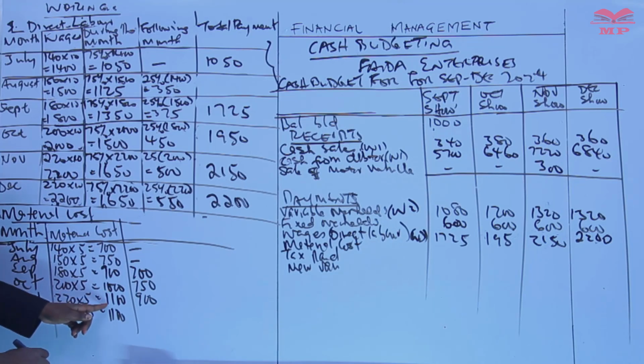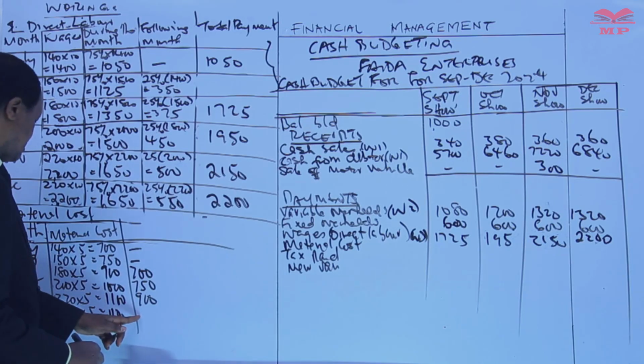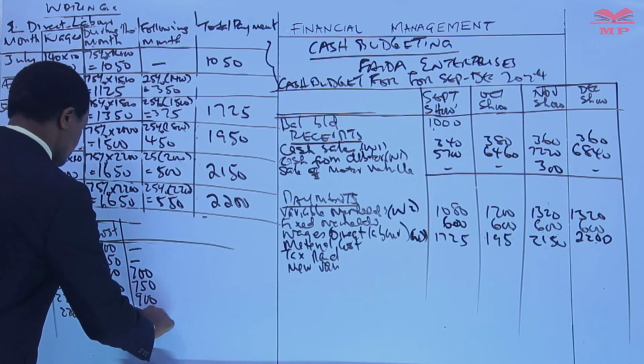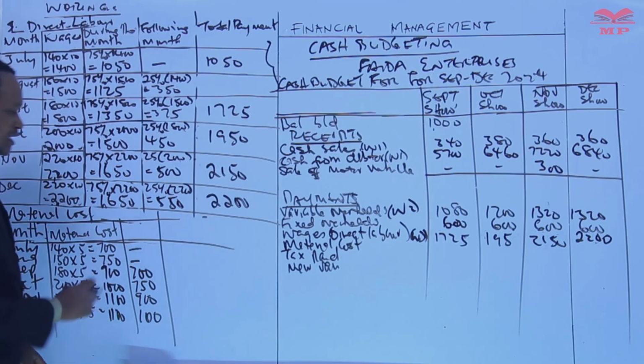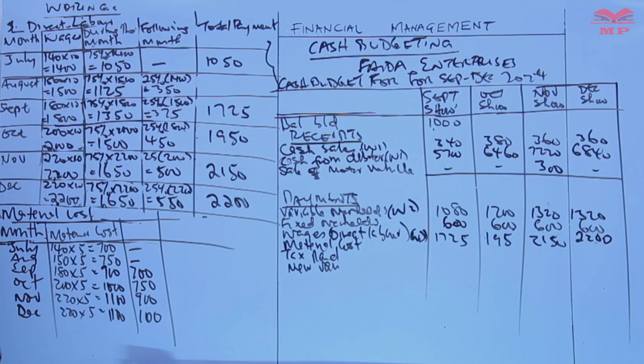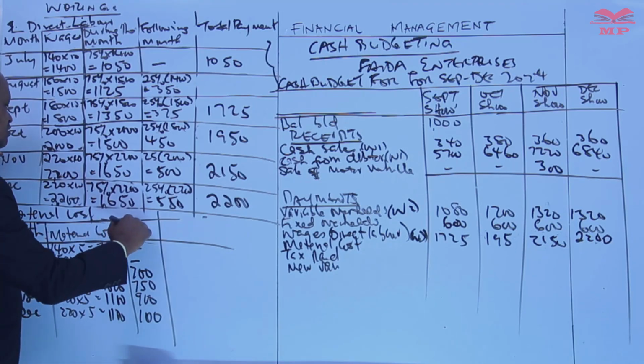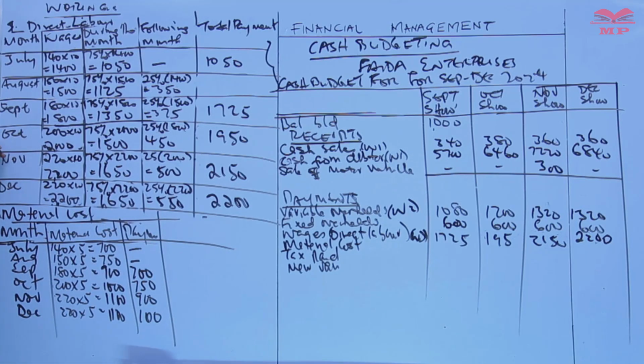It's not paid in November. It's paid in December. This 1000. That's the meaning of 2 months in arrears.